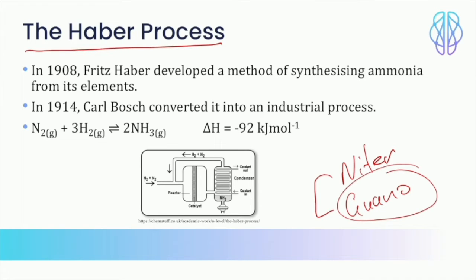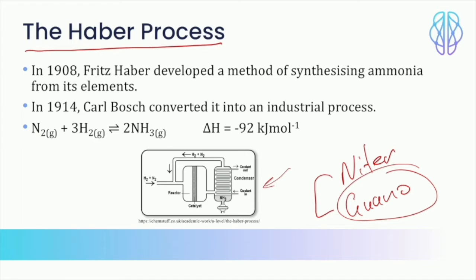We'd been trying to make ammonia from its constituents, nitrogen and hydrogen, for a very long time. This dates back to 1795, and we had lots of failed attempts. However, in 1908, Fritz Haber developed a method for synthesizing ammonia. And this is a really simple diagram that highlights this. We'll go into this in a lot more detail.